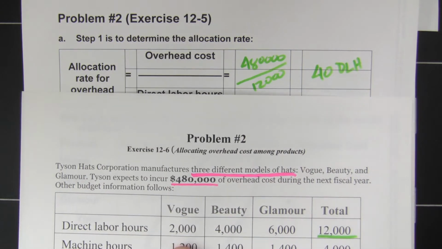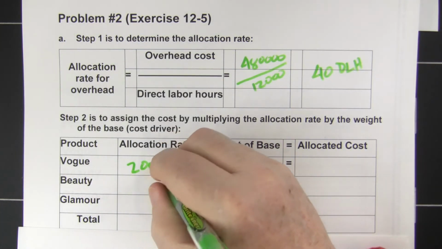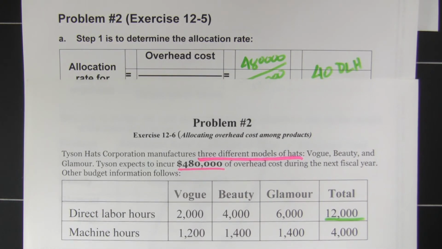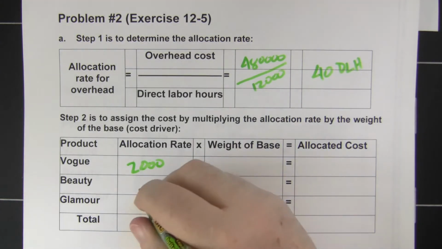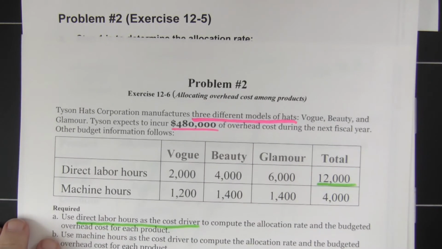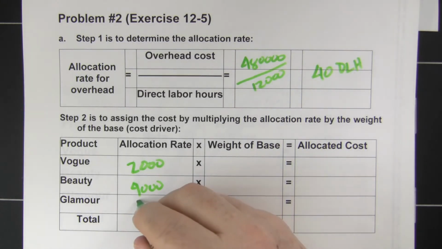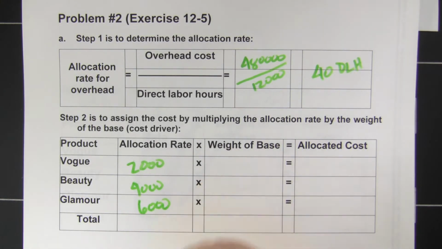So, we're told that the Vogue hat uses 2,000 hours. We're told that the Beauty hat uses 4,000. And the Glamour hat uses 6,000. So altogether, that gives us a total of 12,000 total hours.